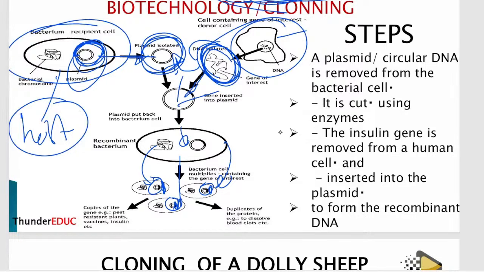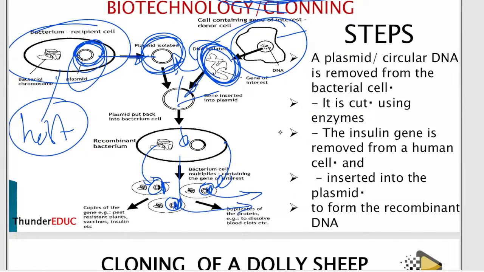We extract the gene out, which we have used, and then we use this to make the protein. You see? That's how we form the insulin. The protein is used to make the vaccines or the insulin. It is whatever you are trying to clone. That is the first way we can clone the insulin.